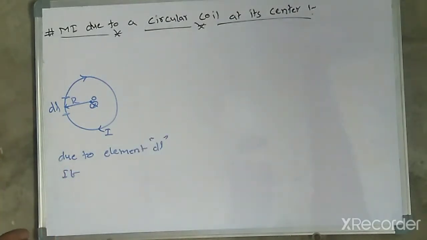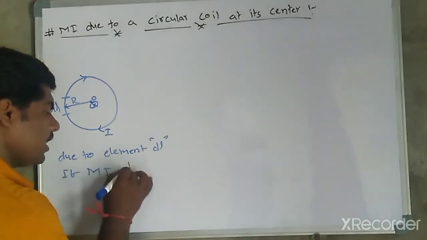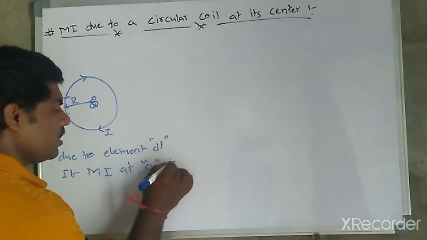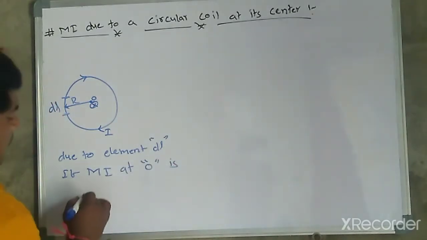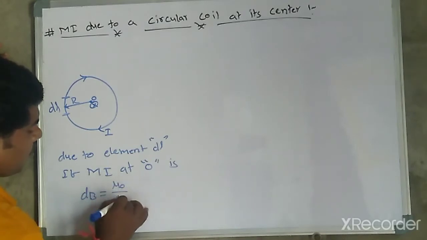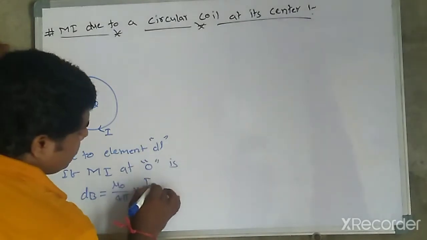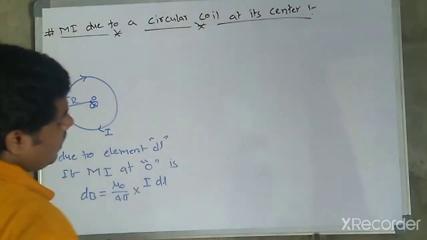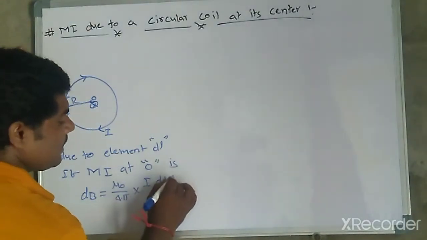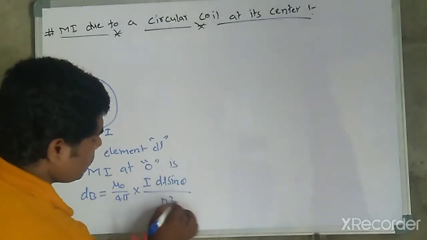If the magnetic induction at O is according to Biot-Savart law, dB is equal to mu naught by 4 pi into I into dl sin theta divided by the distance, capital R square.